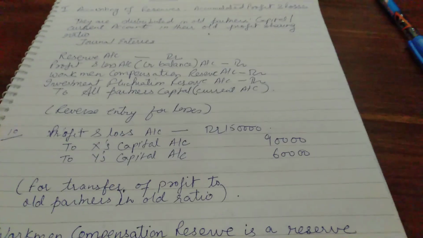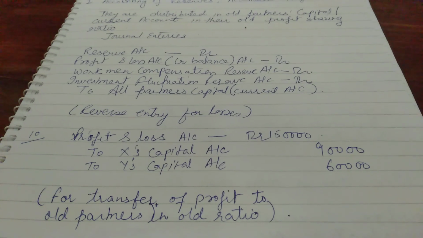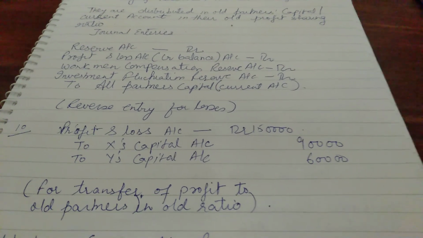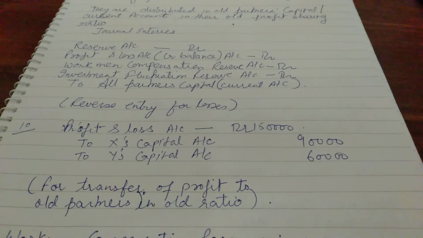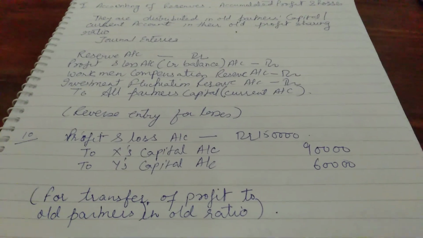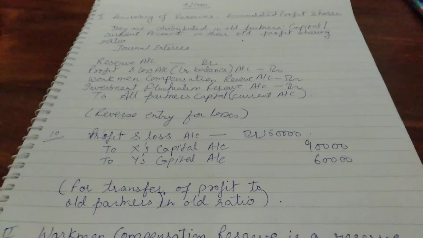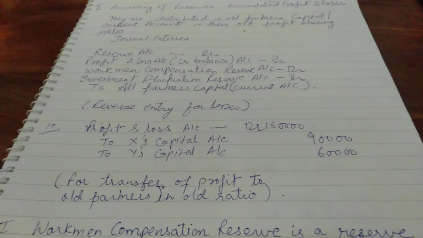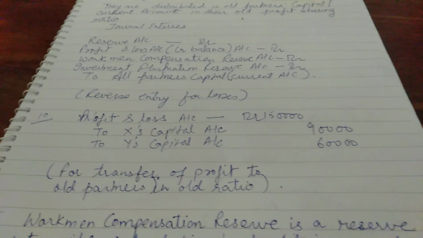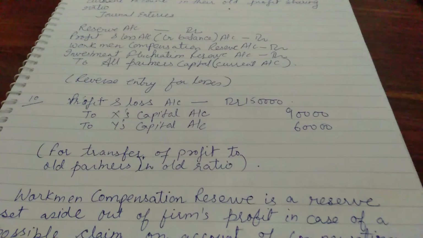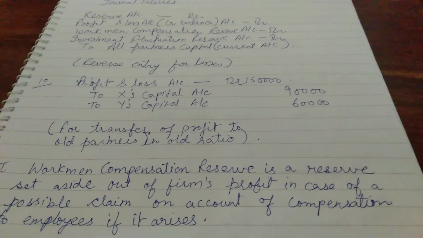I have passed the entry: profit and loss account debit to X capital account and Y capital account in their old profit sharing ratio, that is 3:2. Is it clear? This was firstly for profit and loss account, and if any kind of reserve is mentioned, you can do it the same way. Next is a little different, workmen compensation reserve.